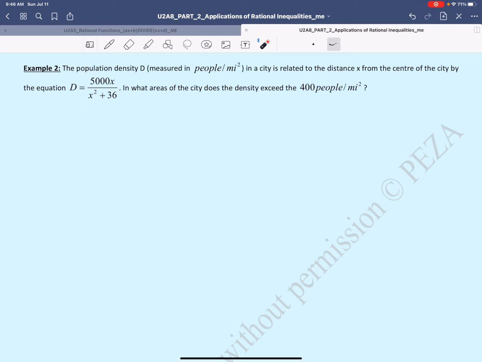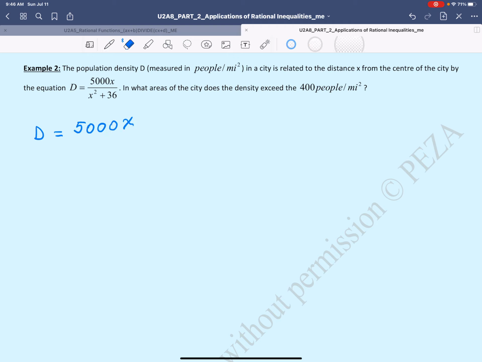So the further away you go from the city, the lower the density would be. Now I'm going to reread the problem with the intention of organizing the information and getting to know what I'm given and what I'm asked to find. I see that in this word problem, I'm given some equation. So I'll write this down because I like to familiarize myself with the variables in this equation.